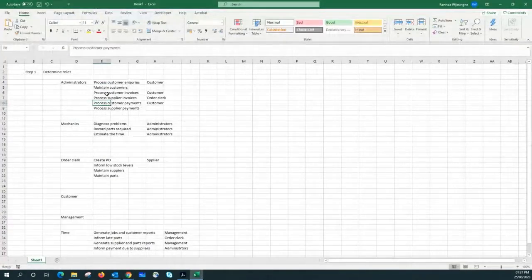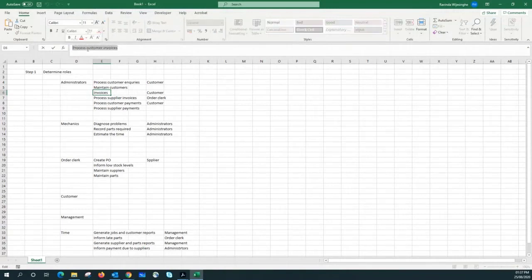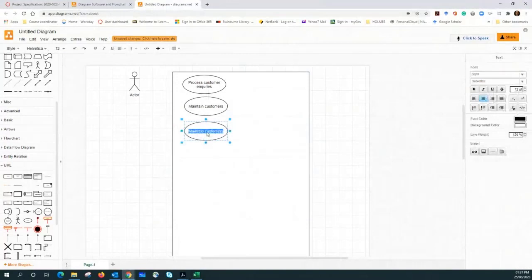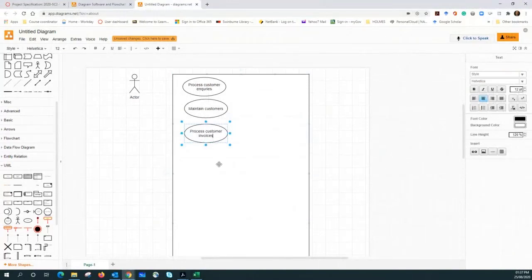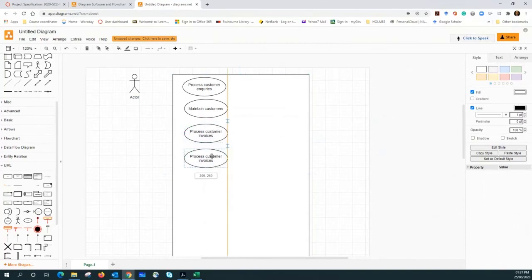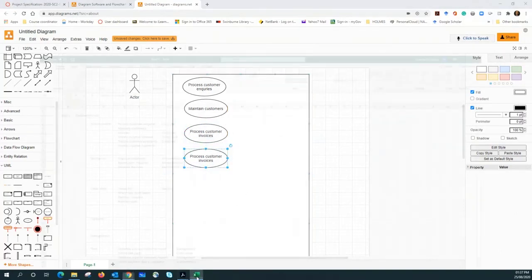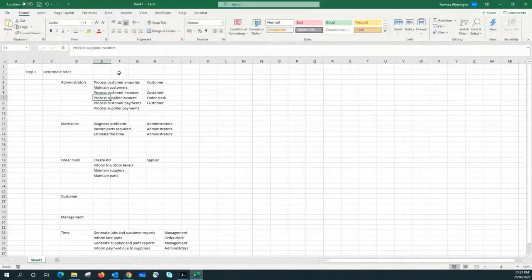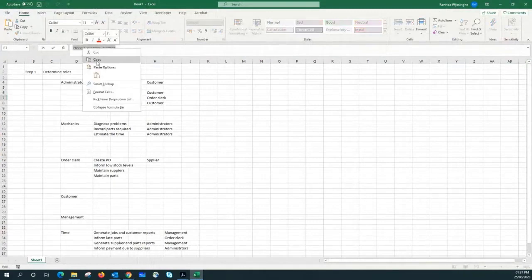The third one is process customer invoices. Then let me duplicate again. Process supplier invoices.